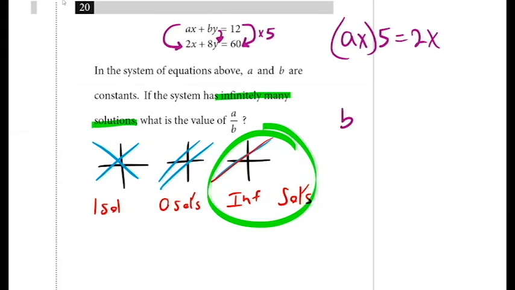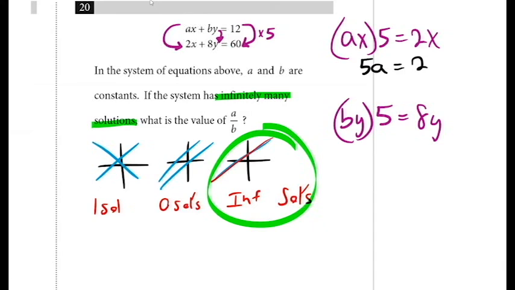So let's write that out. by times 5 equals 8y. Now in the top equation, we can divide both sides by x. 5a equals 2. In the bottom equation, we can divide both sides by y. 5b equals 8. Simplifying the top equation, we can divide it by 5. A equals 2 over 5. And the bottom equation, divide both sides by 5. B equals 8 over 5.